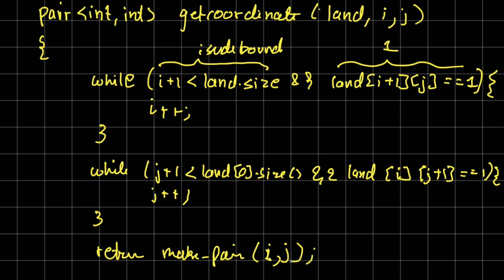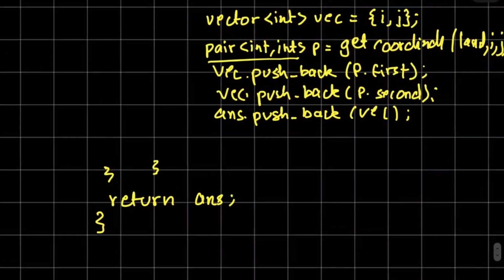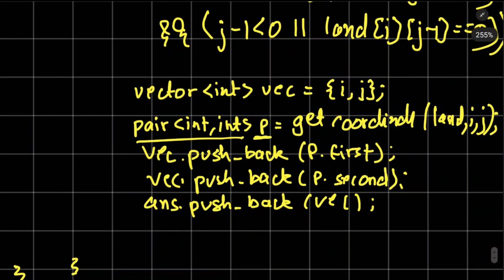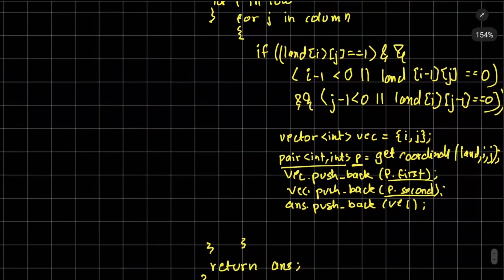So this will be the coordinates of our bottom right cell, and these values will be returned here in this p, and then we push back the first i and j, and the calculated i and j from the function, to the vector for all first ones of the group using this condition, and that will be our answer.